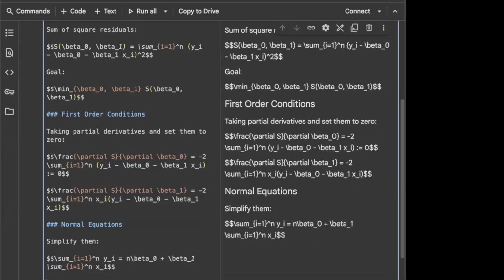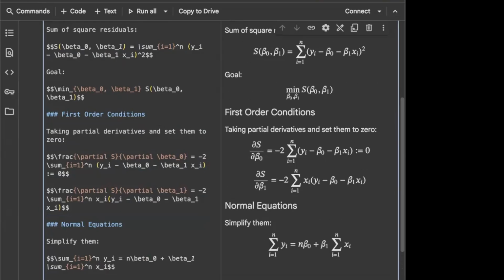So this actually becomes y bar, because you can take the left term and divide it by n, right? And you do the same thing with the right-hand side. So that becomes y bar. And then the beta 0 is derived because n disappears, right? Because n divided by n is just 1. And then beta 1 x bar.